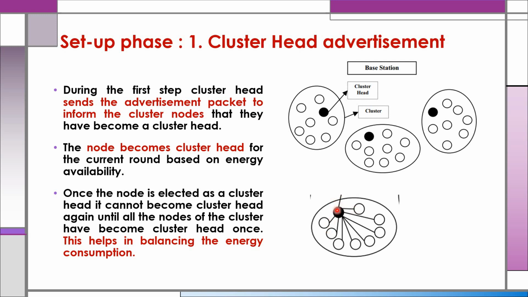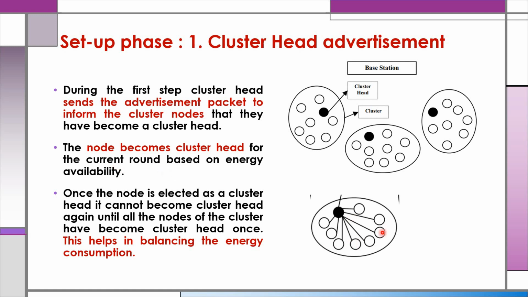This advertisement message will be communicated to the nearby nodes. The nearby nodes will give a response towards this corresponding cluster head. The cluster head will receive the information, then it will nominate the next round cluster head. So within these member nodes, one node will become a cluster head.